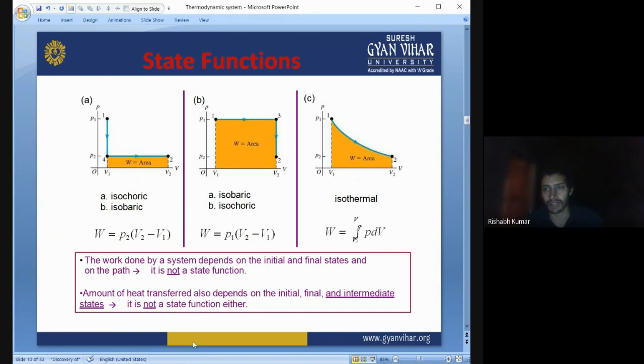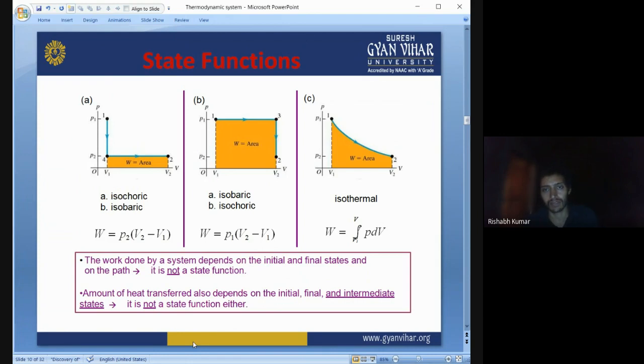In case of an isobaric process, the PV curve is going to be a straight line parallel to the x-axis, right? And the area under the curve is simply the area of the rectangle formed under the straight line, right? And in case of an isothermal process, what will happen?